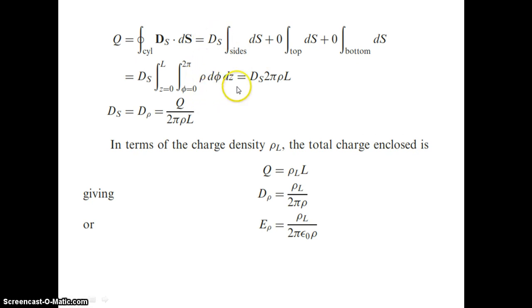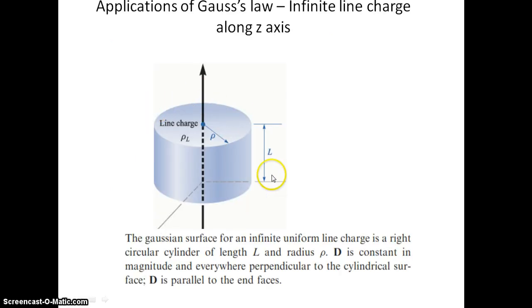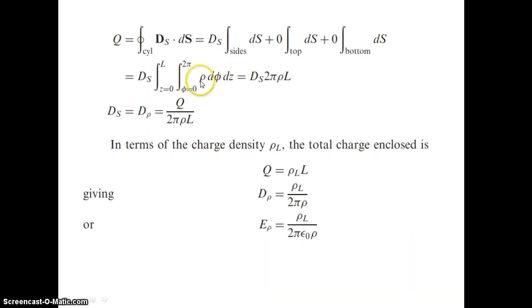So rho d phi dz, and we integrate: z varies between 0 to L, and phi varies between 0 to 2 pi. Integrating this, we have Q equal to D_rho times 2 pi rho L, or D_rho equal to Q by 2 pi rho L. In terms of charge density rho L, the total charge enclosed is Q equal to rho L into L, as we know for a line charge.